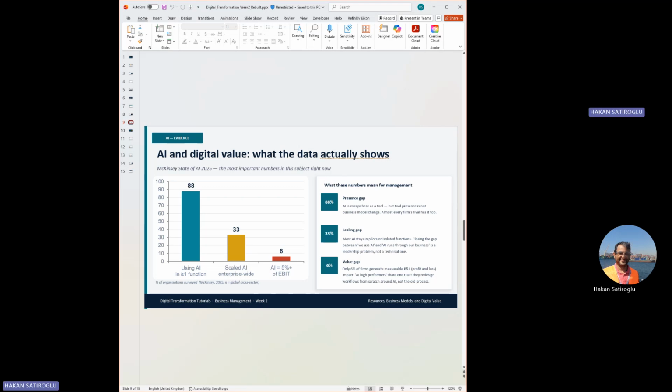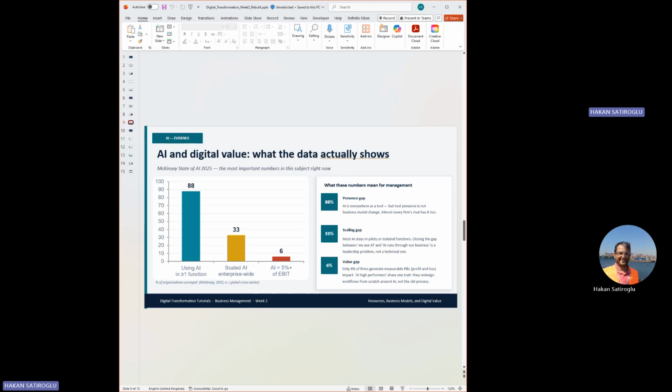A lot of organizations are using AI somewhere, but far fewer have scaled it across the business, and only a very small group are seeing really strong bottom line impact. The McKinsey 2025 report describes this as a gap between adopting and value capture. So adopting is not capturing the value.